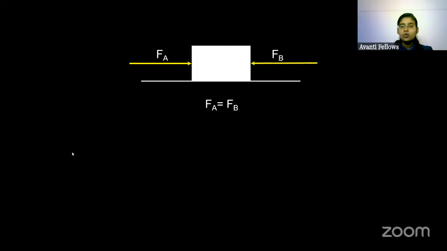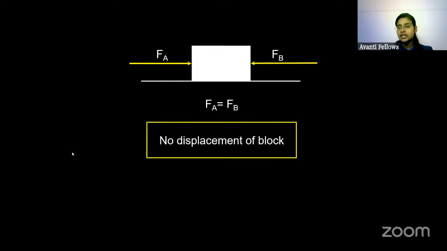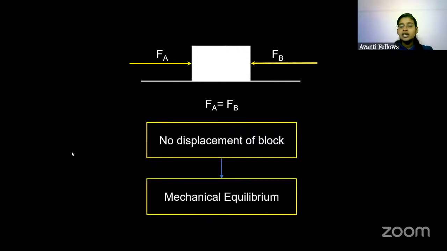There is no displacement of the block if both the forces are equal. Now I can say that the system is in equilibrium, and this equilibrium is called mechanical equilibrium. The net force will be equal to 0, and so there is no displacement. Very good, Avinash. Very good, all of you.